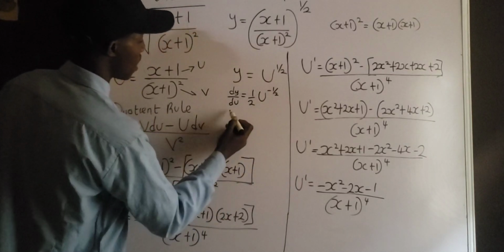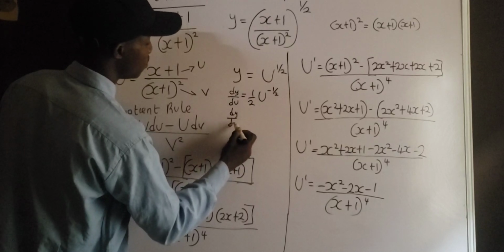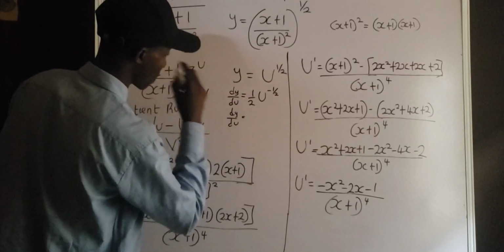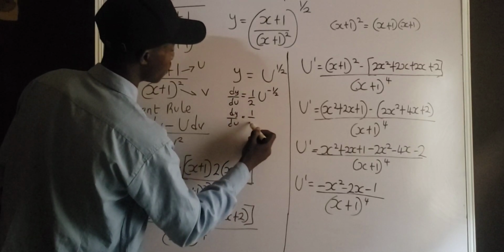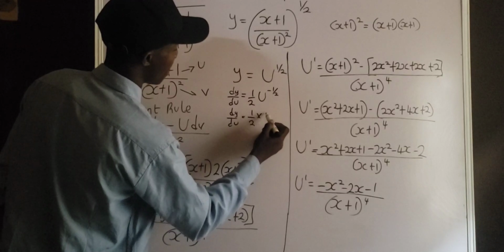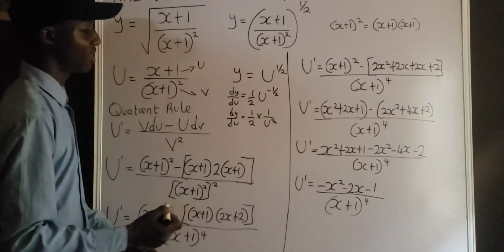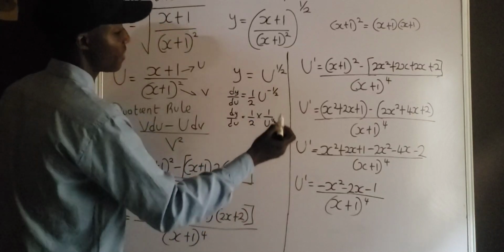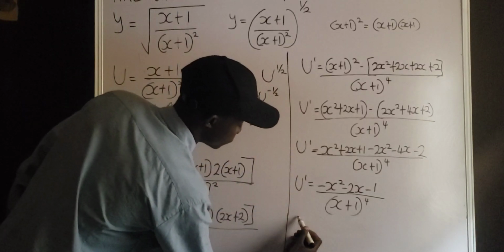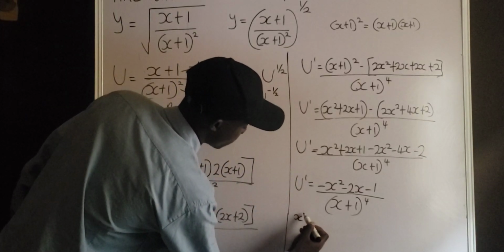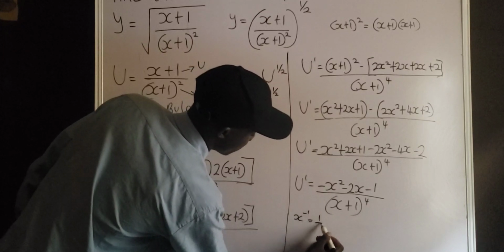You understand? So I'm going to have dy over du is equal to 1 over 2 multiplied by 1 over u raised to the power of 1 over 2. For example, if I have something like x raised to the power of minus 1, this can be written as 1 over x.